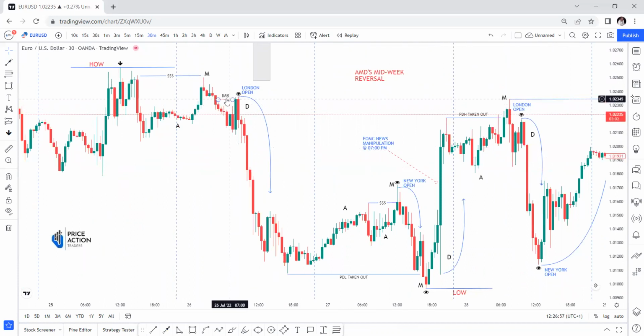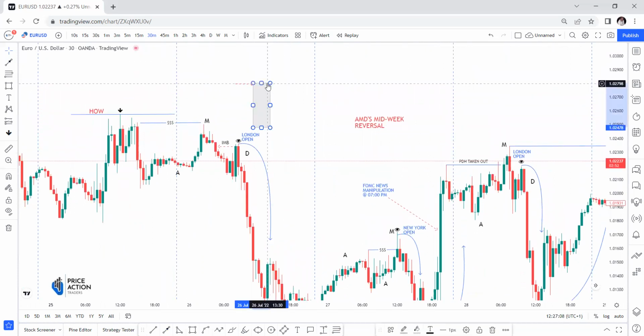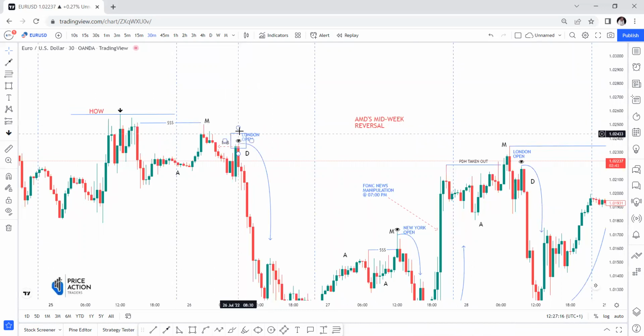This will be your confluence, the imbalance. Then I told you about the intraday sessions opening, the keynotes of London and New York. This is London opening at 8 a.m. GMT.